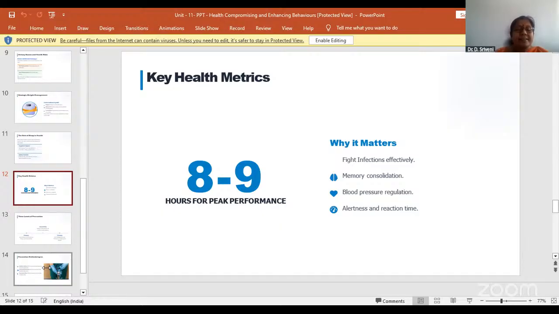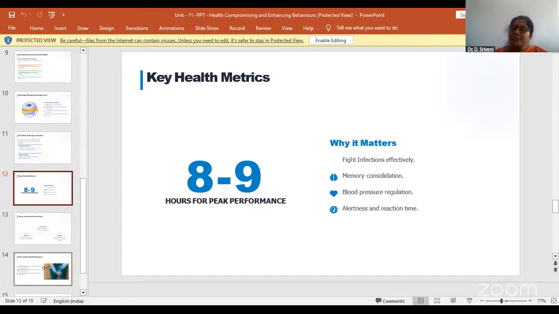Regular movement strengthens the cardiovascular and musculoskeletal systems, providing a physical buffer against the biological effects of stress. Mindfulness and yoga are also practices the patient can adopt. These are powerful tools for enhancing mental well-being. They help individuals manage stress by improving emotional regulation and fostering a sense of internal calm.